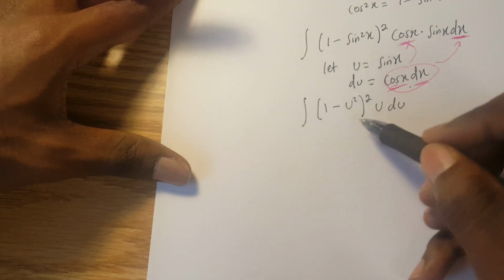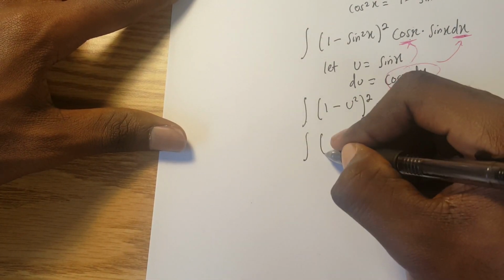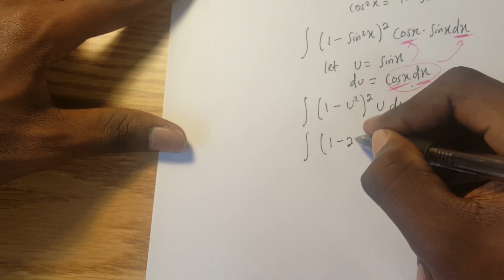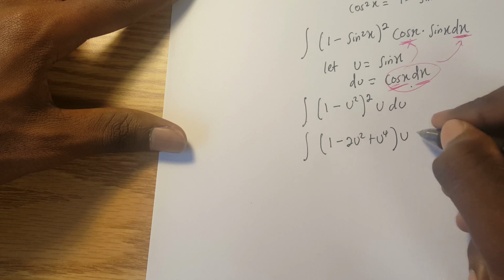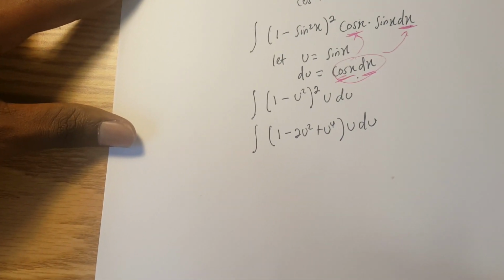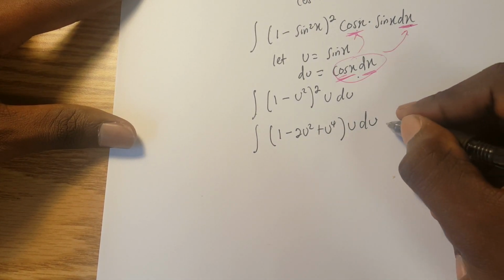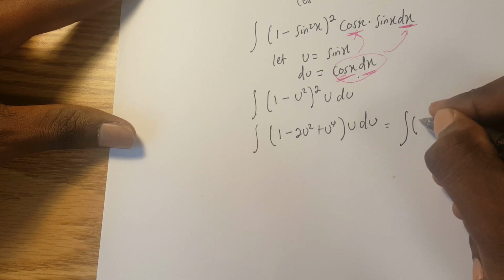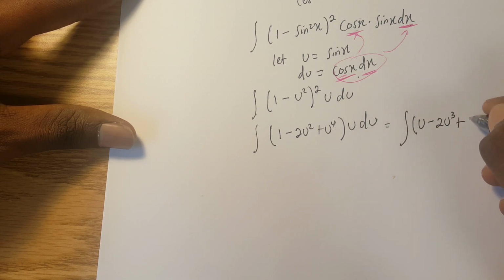Then this is just FOIL, basic algebra. We go ahead and open it up. We have 1 minus 2u squared plus u to the 4th, times u du. We open this one up, so we're gonna have u minus 2u to the 3rd plus u to the 5th du.